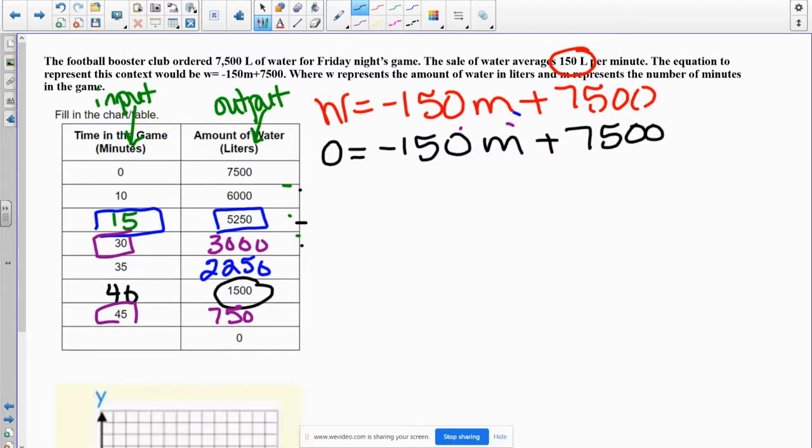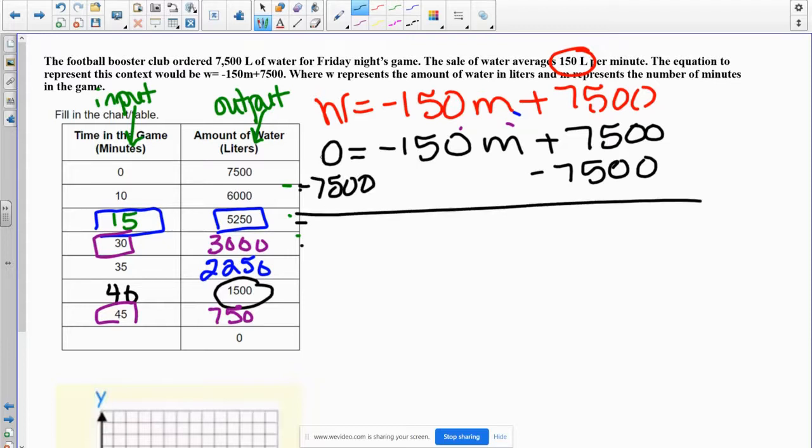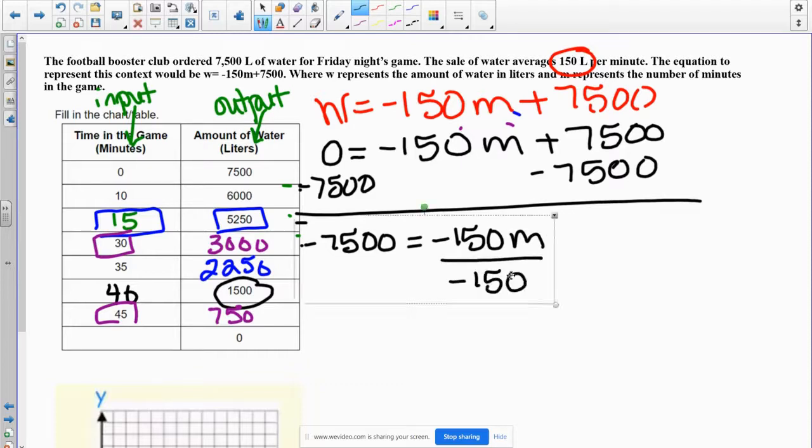Okay, so again, same inverse operation. We're going to subtract 7,500 from both sides. 0 minus 7,500 is negative 7,500 equals negative 150 m. Again, this is multiplication, so to inverse, or to do the opposite, we're going to divide.